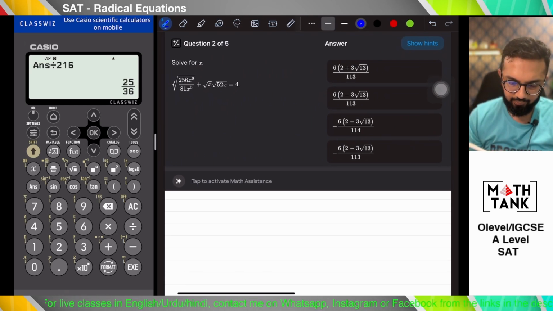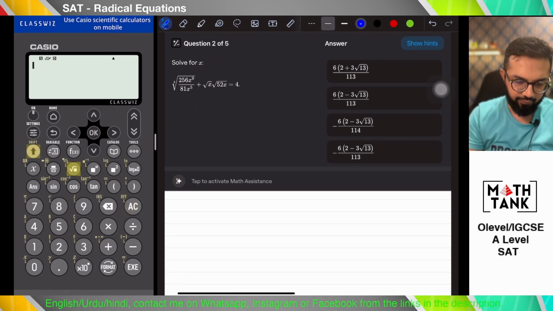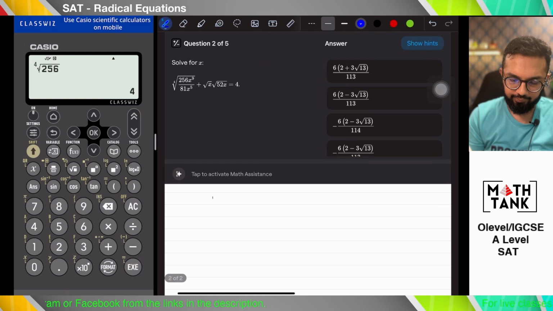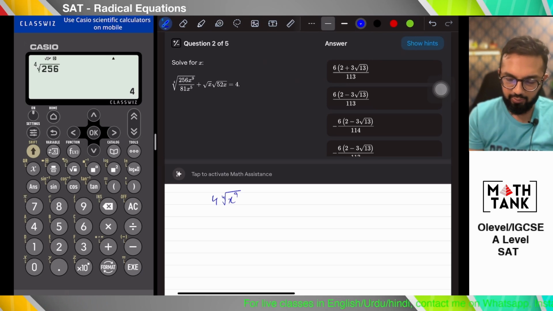Okay, what's the fourth root of 256? 4. And let's keep that as the fourth root of x to the power 9. In fact, I can also simplify that. If I was taking the fourth root, I would have x to the power 4 into x to the power 4 into x.